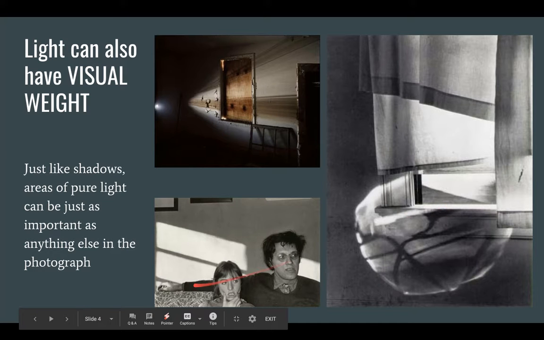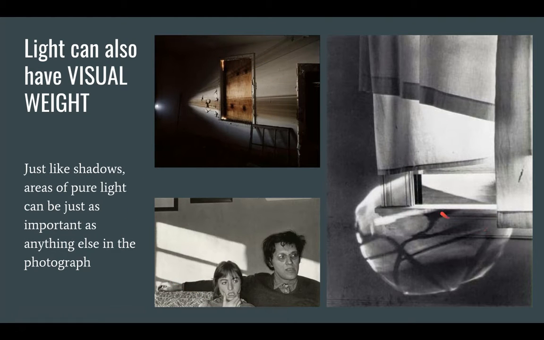Even this picture, it's a very odd picture of these two here. This is a photo by Gary Winogrand, but having these blazes of light on the wall behind them help lead our eye to their faces. So this light on these walls can be just as important as any other object.